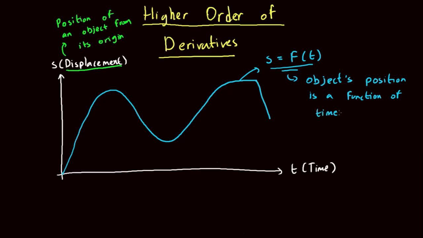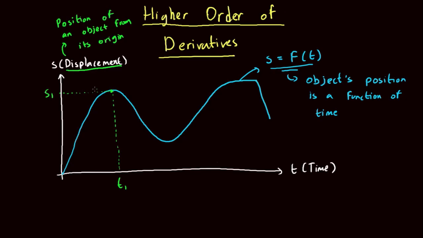Normally when we take the first derivative, let's say for example at this particular point here, we're going to call this t1 and this s1.